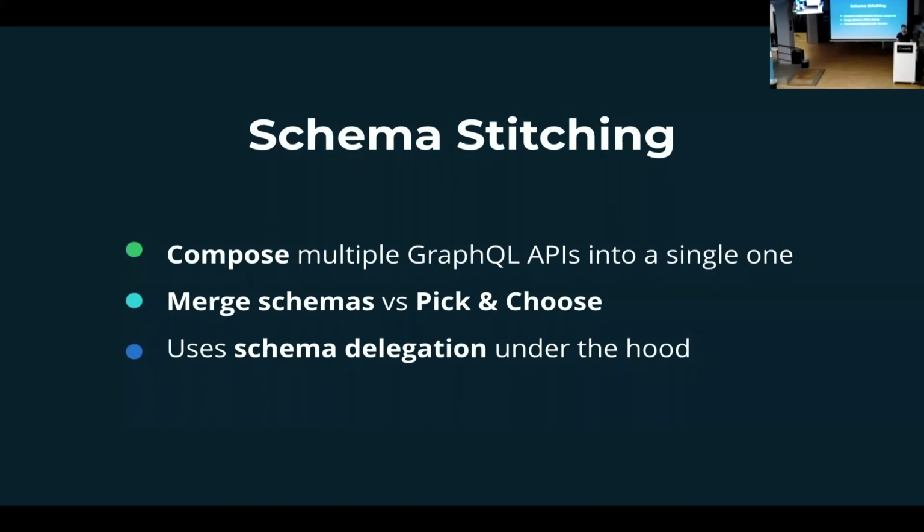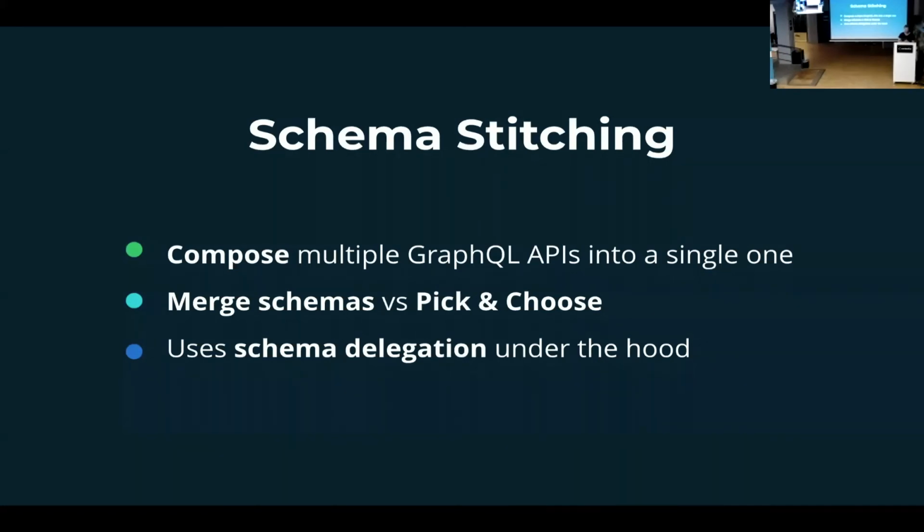There are two basic approaches to how schema stitching can be done. Either you merge schemas or you pick and choose. When you merge schemas, you take two GraphQL schemas, take the union of them, and you have your new GraphQL schema that exposes everything that was available before. Or there's this pick and choose approach that I'm using, where we use GraphQL bindings to pick and choose the kind of operations that we want to expose in our new API.